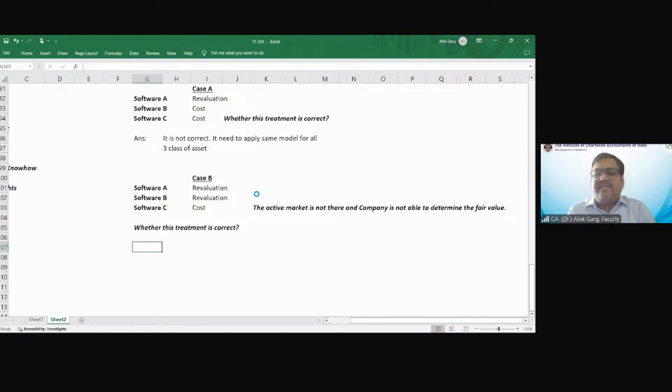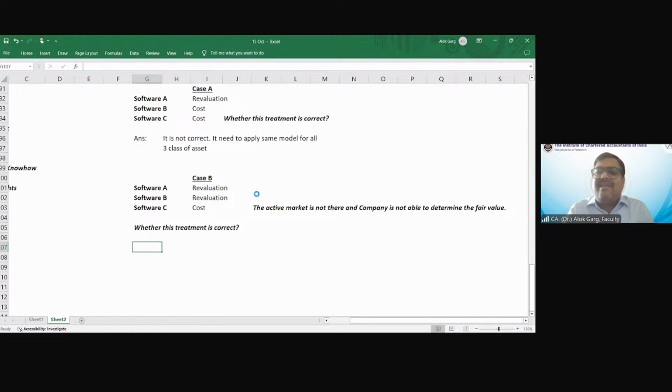The standard says that, let's say you have three different software, three different intangible assets, but the class is the same. You are able to identify the fair value and you have opted for the revaluation model. And you are able to find out the fair value for all the assets in the particular class except a single asset, because the active market does not exist and you cannot determine the fair value of that software.